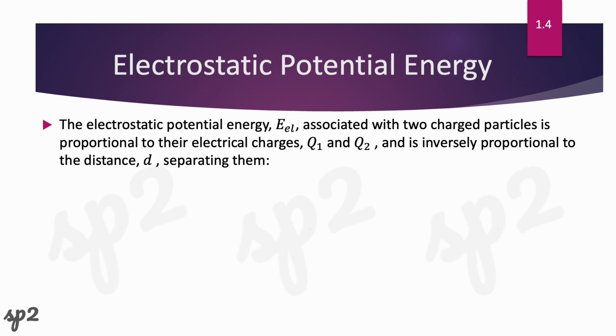Okay, so let's talk about the electrostatic potential energy. This energy is going to be associated with the charged particles, and it's going to be proportional to their charges, which are known as Q1 and Q2, and it's also inversely proportional to the distance between them, which is known as d here. So let me show you my equation. My potential equals k times these two charges, and you divide that by the distance.